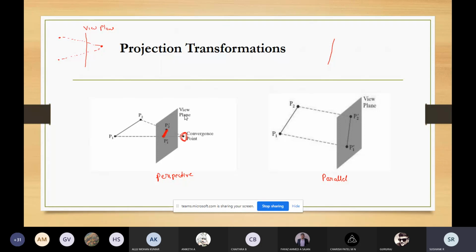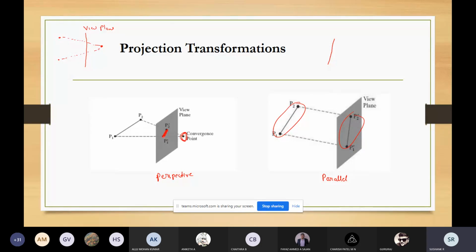Here what you can observe is that the size of the object is not the same. The size of the object is not preserved. So this is the first thing.